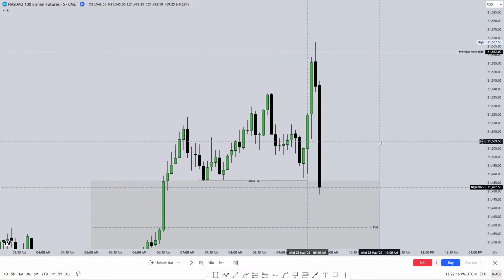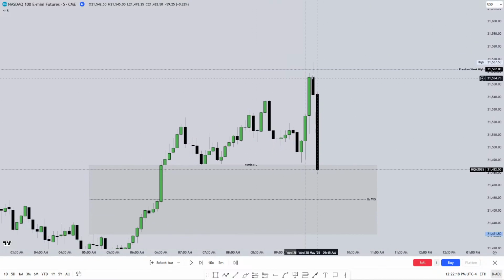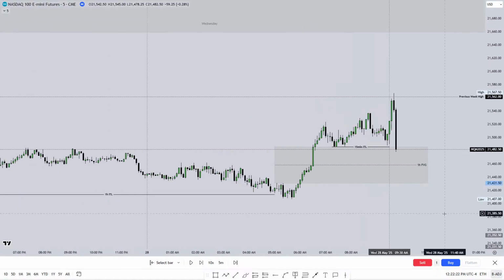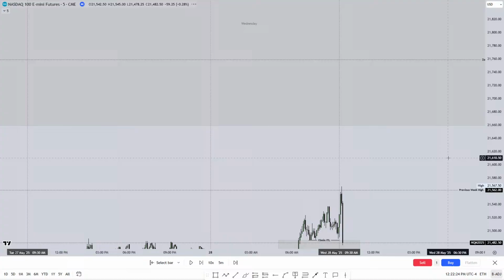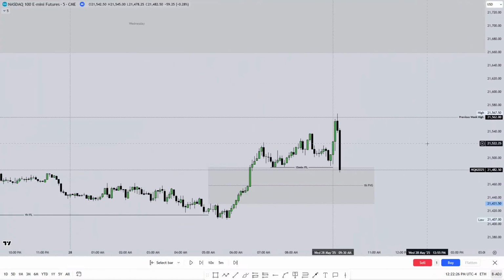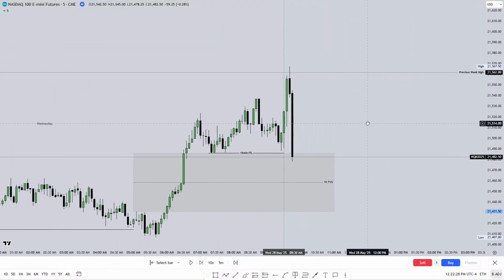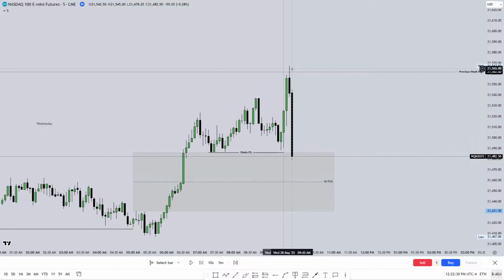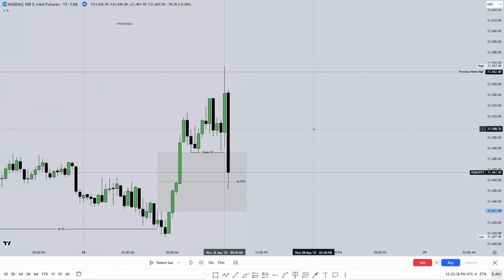I would want to see how we react to this level right here, because just because we tapped above previous week high, that doesn't mean I think we just completely tank for the rest of the week. I still like this draw to the daily SIBI up here. But this is already kind of looking like a change in the state with these up close candles. I want to see what the 15-minute looks like.